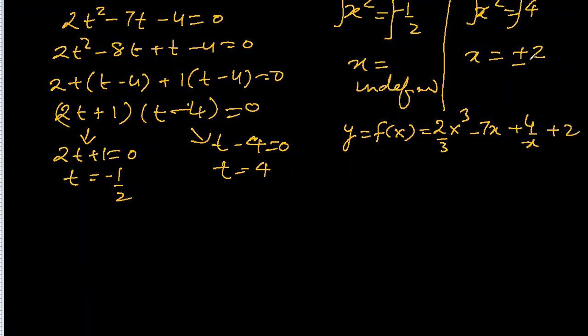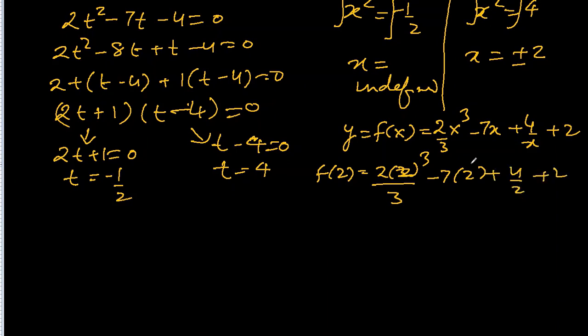So first we have to find the y coordinate for plus 2. So we'll write f of 2 will be 2 times 2 cubed over 3 minus 7 times 2 plus 4 over 2 plus 2. So 8 times 2 is 16 over 3 minus 14, 4 over 2 is 2, and 2 again. Minus 14 plus 4 is minus 10. So 16 over 3 minus 10 will be minus 14 over 3.